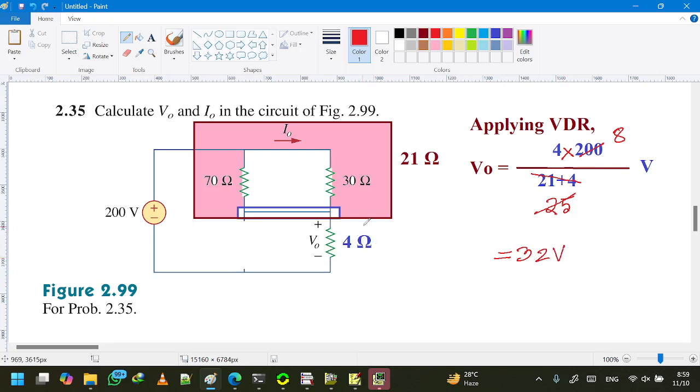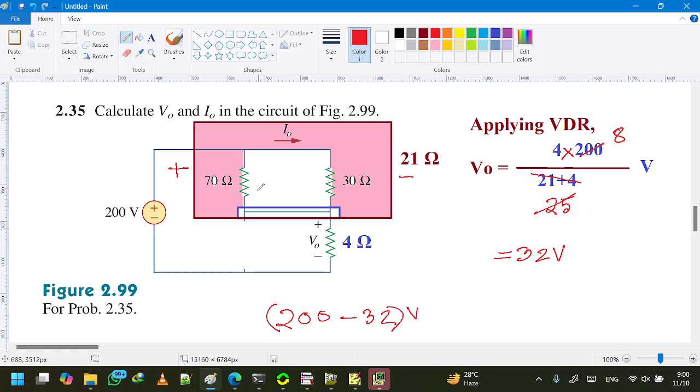By using KVL, the voltage across this 21 ohm resistor will be 200 minus 32 volt.